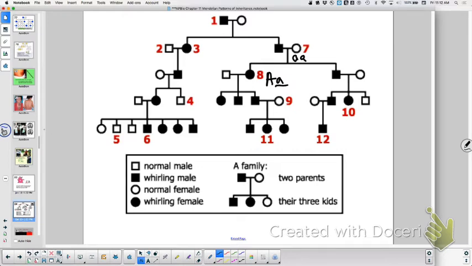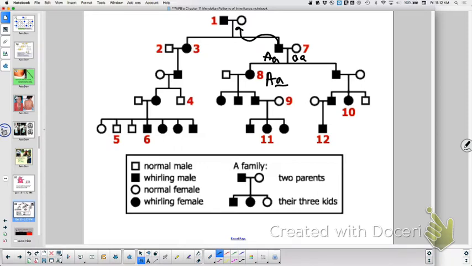Do you know her father's genotype? Yes, you do. The father has to be big A, because he has the disease. But look at his mother. Okay, so what you have to do on pedigrees is ask, do you know the genotypes of their children?